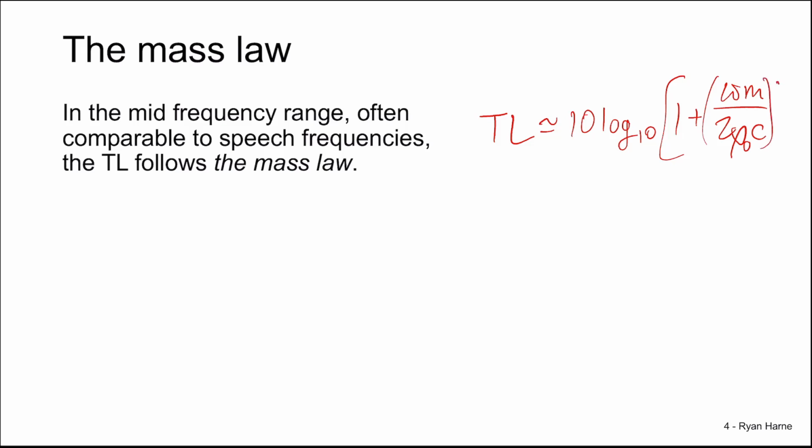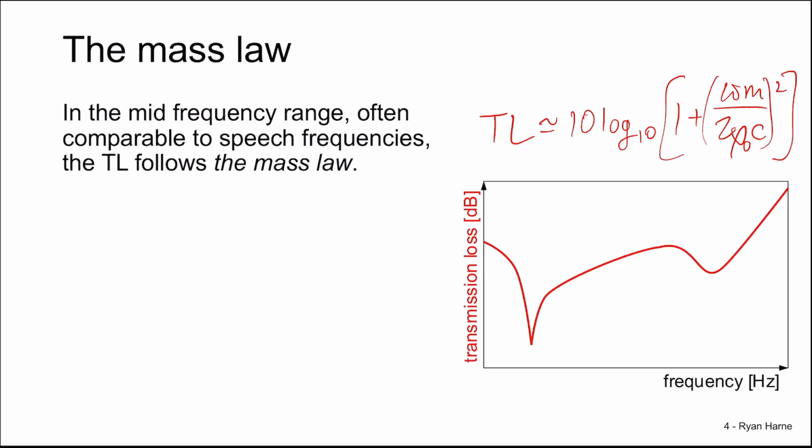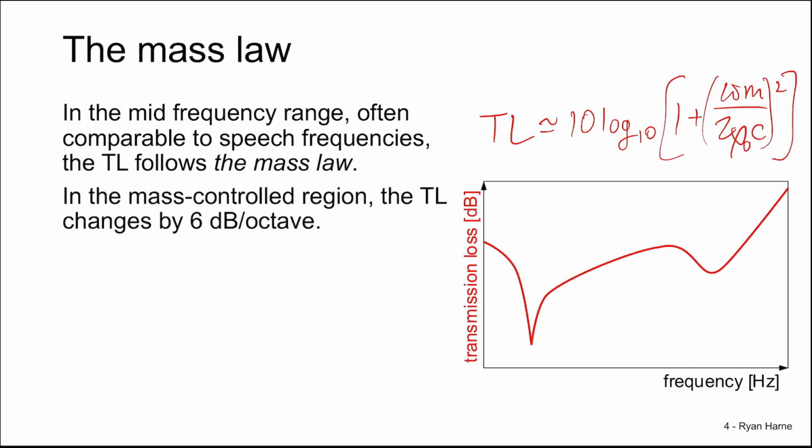This quantity is squared, and then we close the bracket. According to our transmission loss trend for panels, in the mass-controlled region, the transmission loss changes by 6 decibels per octave.